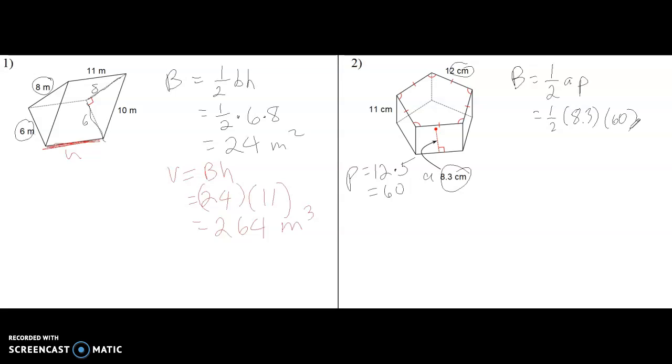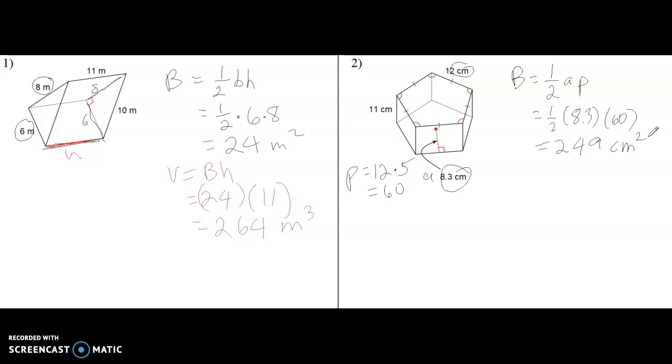I need to put that into my calculator. 1/2 is 249. Now this would be square centimeters. Okay? So that's my formula. That's my calculation for my base.